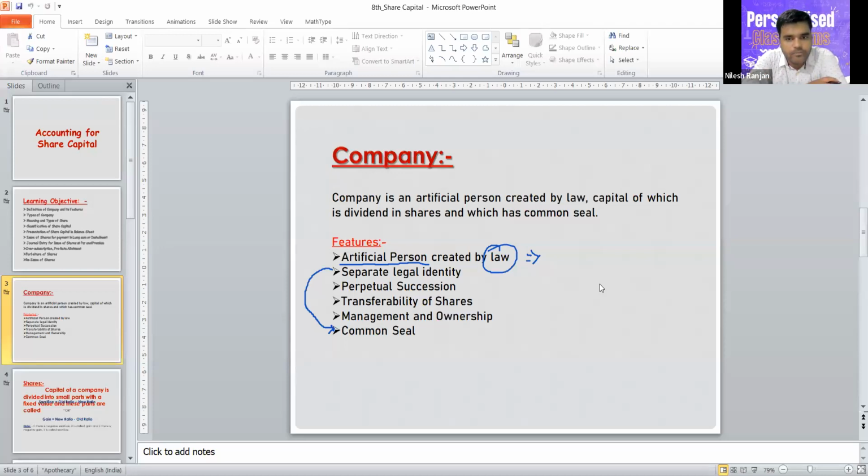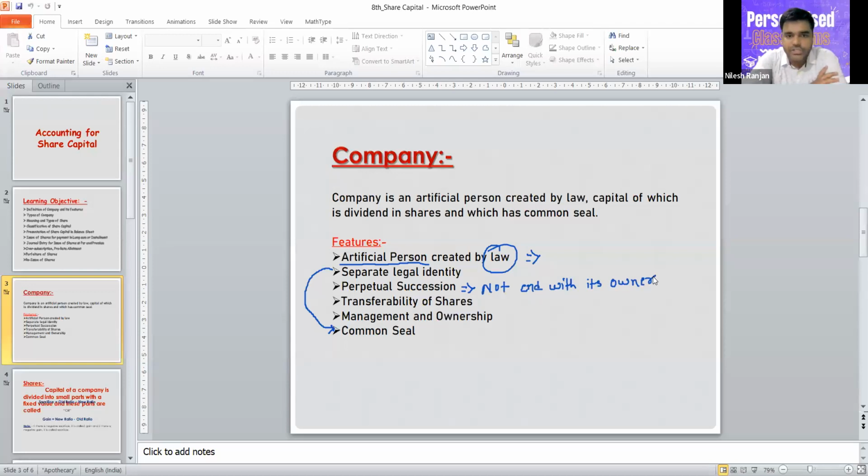The third is perpetual succession. Now, perpetual succession means company will not end with its owner. What does it mean?